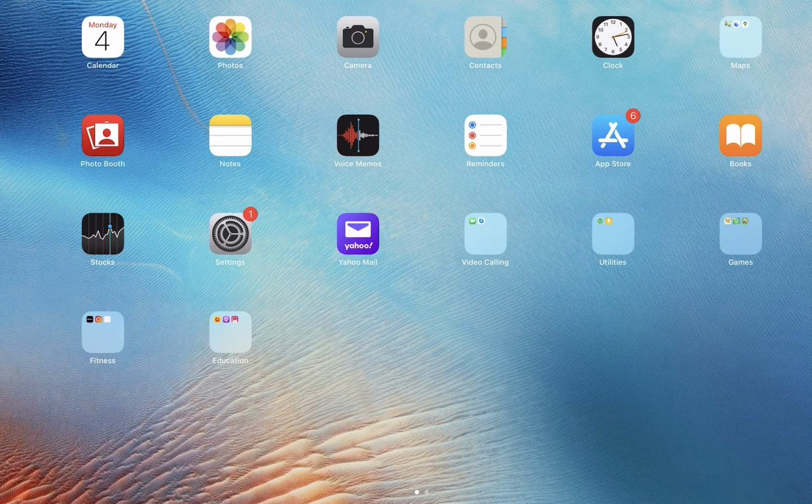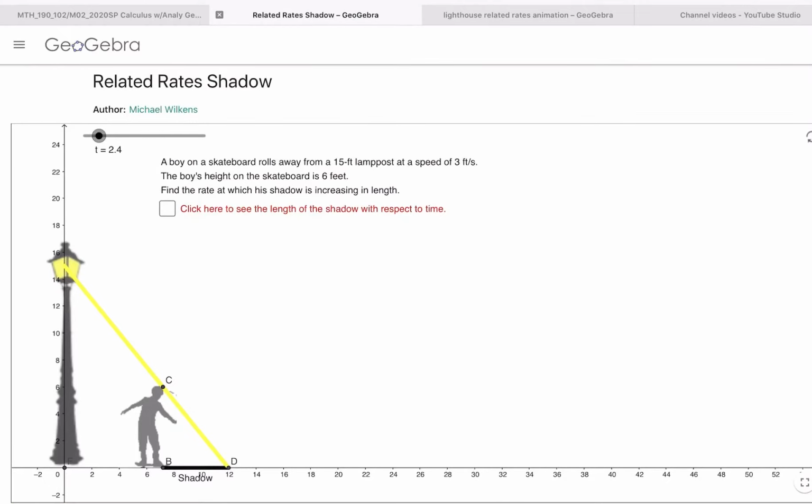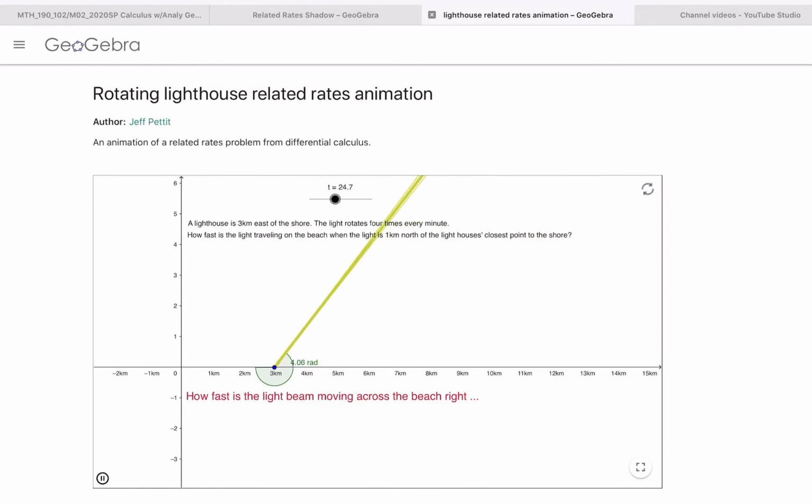These can be really helpful in getting a good visualization here. So let's look at a similar one. I like this one because it's already animated for me. So this one's a super similar situation, but instead of a car parked away from a wall, we have a lighthouse that is specifically 3 kilometers east of the shore.